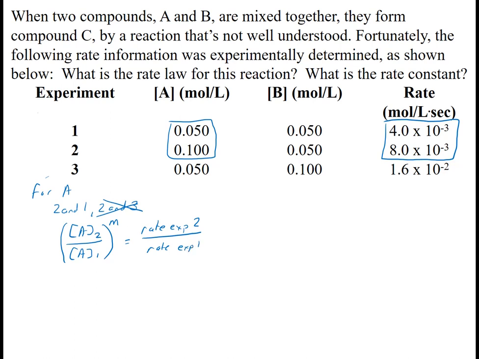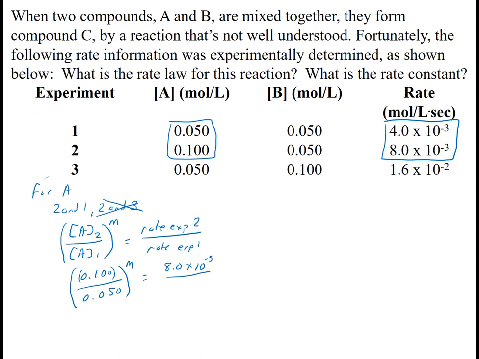So the concentration for experiment 2 was 0.100 divided by the concentration for experiment 1, which is 0.050. And what I don't know, you must have an unknown in your equation, is M. So the rate for experiment 2 is 8.0 times 10 to the minus 3.